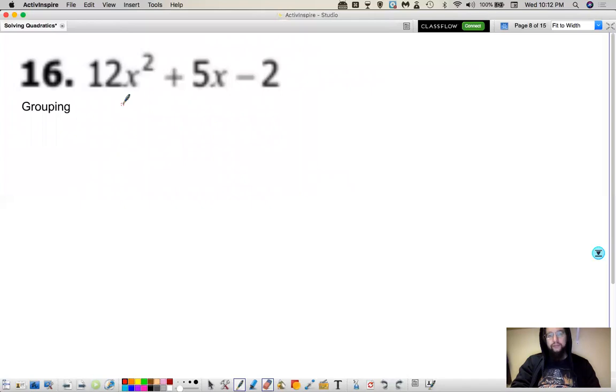Grouping. So we've got to, again, figure out what A times C's factors are that combine to give us a 5. Well, we already know it. So I'm going to rewrite this equation. I'm going to write it as 12x squared, but instead of plus 5x, I'm going to write that as plus 8x minus 3x.